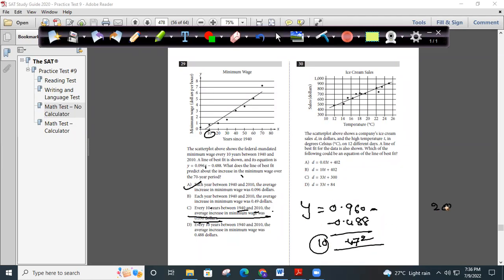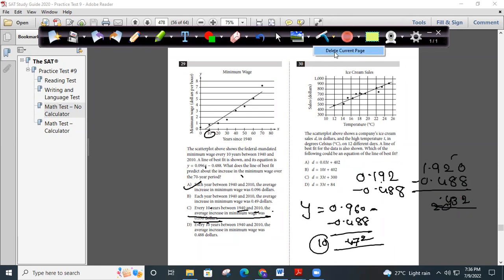Now keep x as 20: 0.096 times 20, which is 1.920, minus 0.488. I'm trying to explain it to you. There's some calculation mistake here.